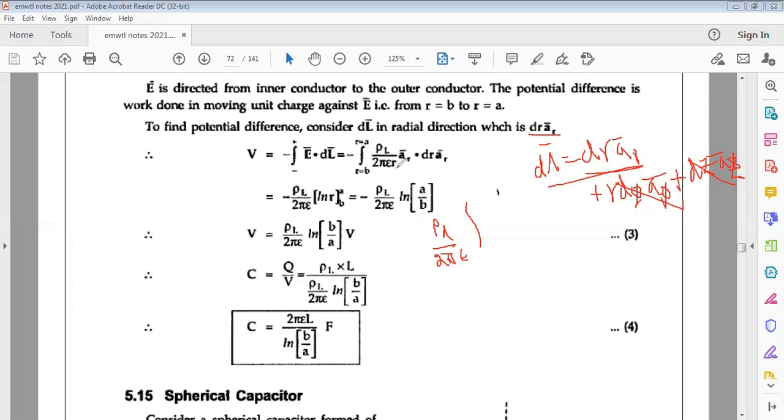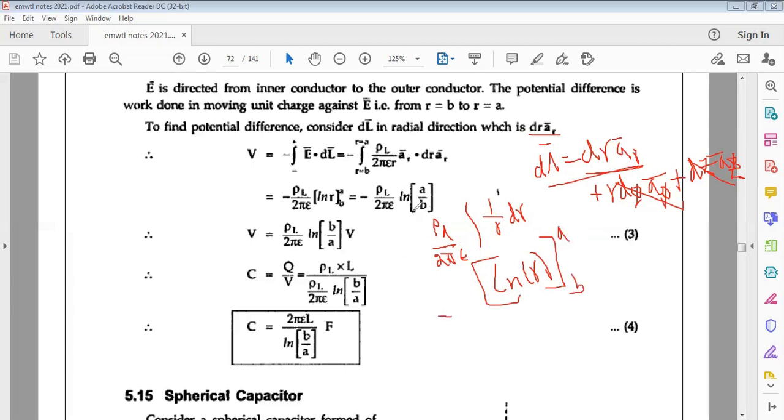See, my dear students, here 1 by R into dr is there. AR bar dot AR bar is 1. The integral of 1 by R into dr is ln of R. So upper limit is A and lower limit is B.